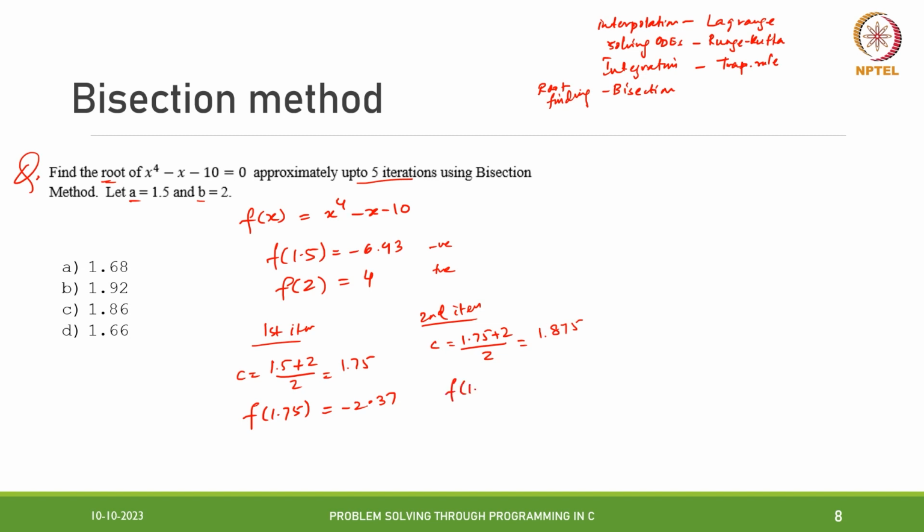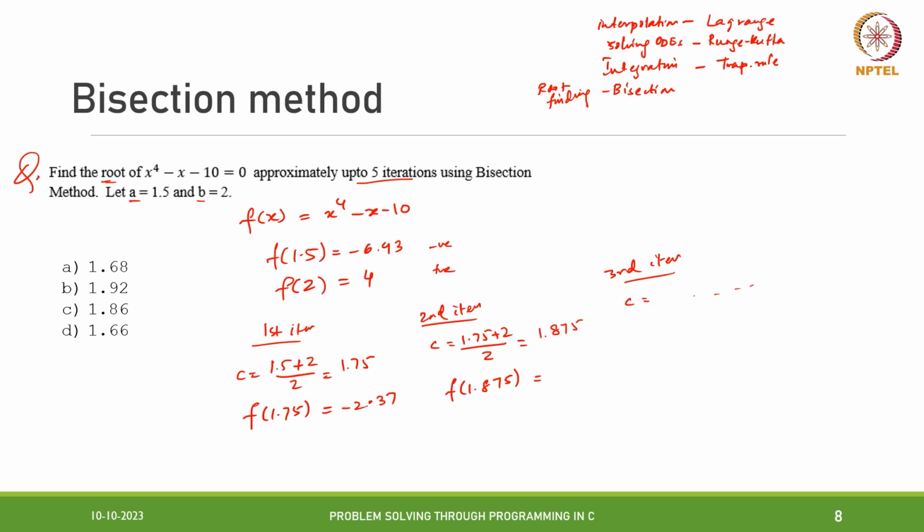Now we calculate the functional value at 1.875 and we check whether it's positive or negative, and accordingly we'll just replace that value, and then we'll go to the third iteration and we'll calculate the c again. So this will continue all the way till the fifth iteration.